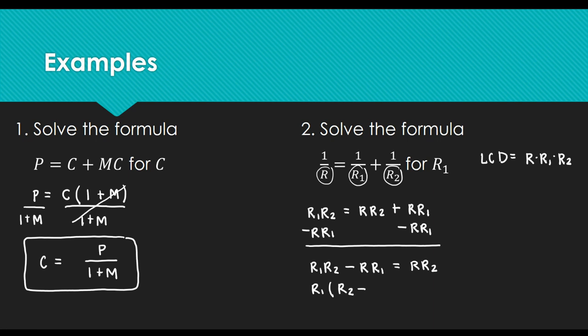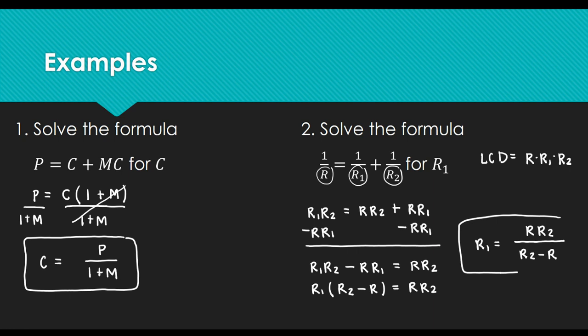That leaves us with R2 minus R in parentheses, which still equals R times R2. Now to get the R1 by itself, I'm going to divide by what I have in the parentheses. So R1 really equals R times R2 all over R2 minus R. And once again, because we're dealing with subtraction in our denominator, I can't split apart the fraction any further, and that would be my simplified answer.